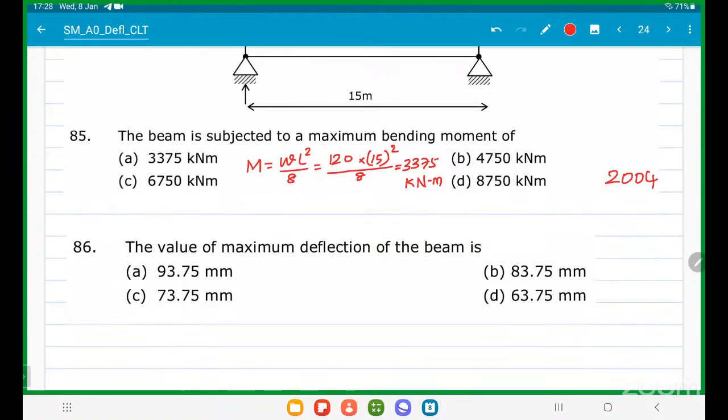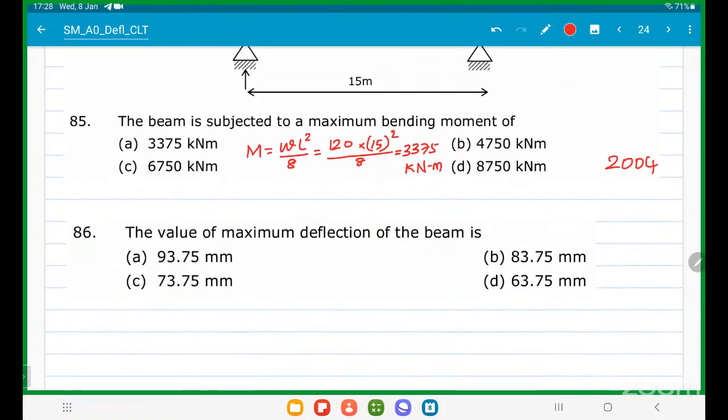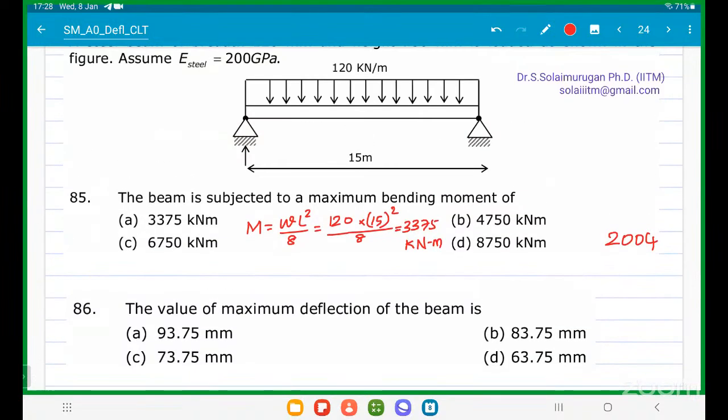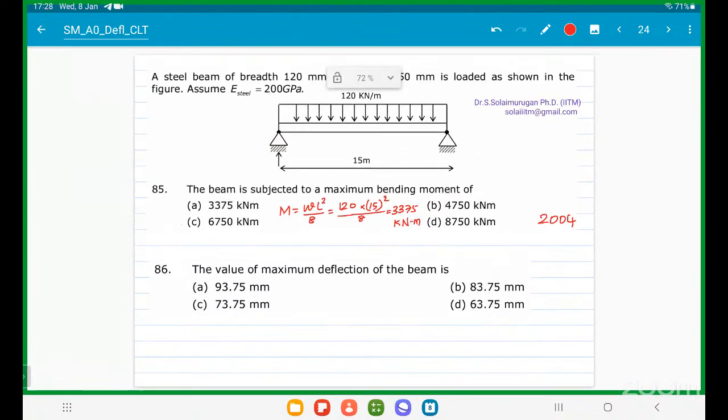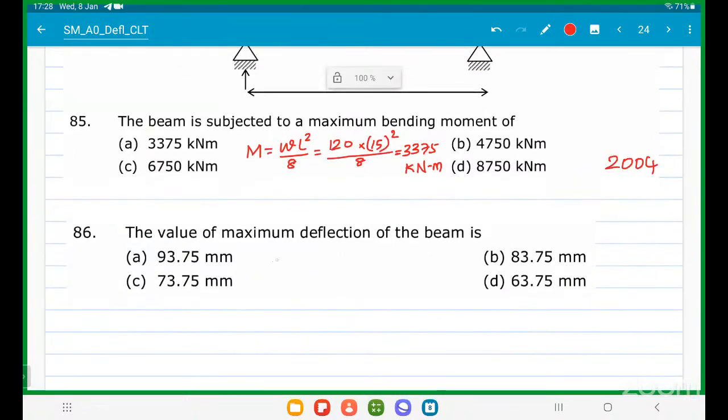Okay, right. Next, the value of maximum deflection. Sir, this is a special case, a standard case. Yes, sir. Which case? Tell me. First or second or third or fourth or fifth? Fifth case, right? So for the fifth case, what is the maximum deflection formula? Delta max equal to y max equal to 5 by 384, right?